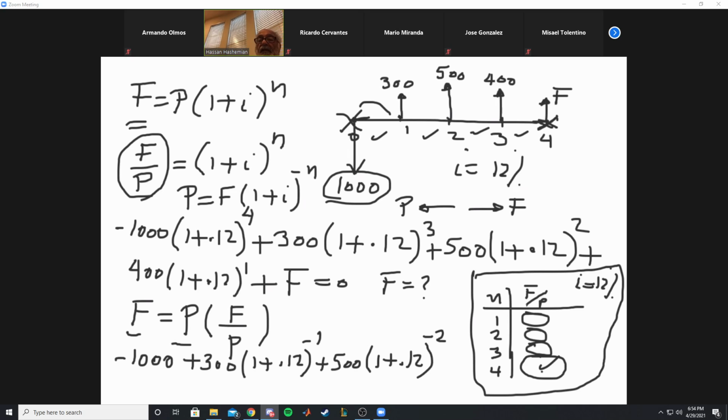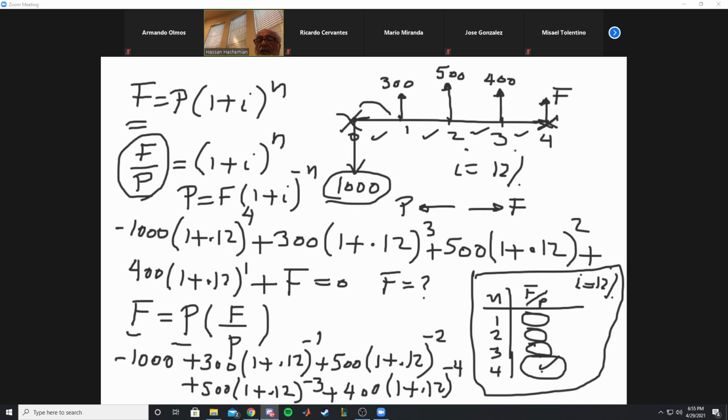And then do the same thing, plus 500 times (1 plus 0.12) to the power of minus 3. And then plus 400 times (1 plus 0.12) to the power of minus 4. No, hold on. I brought the 300, I brought the 500, and I bring the 400.